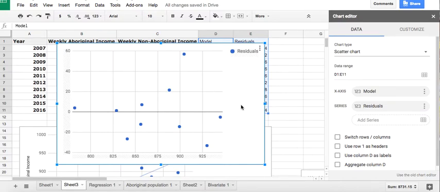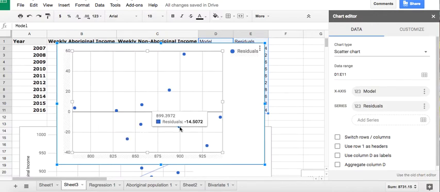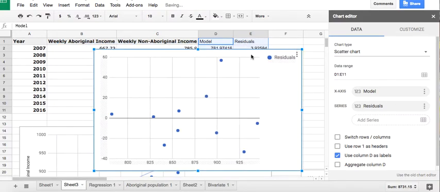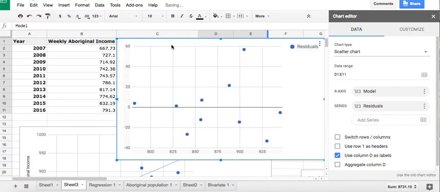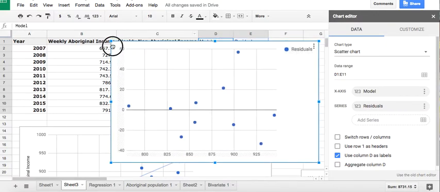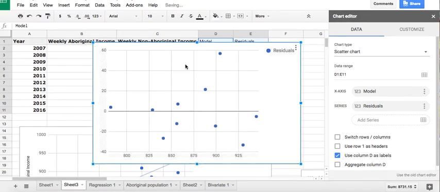The reason why we want to do that is because we can then put a value on how far away they are rather than just eyeballing it. And so you can see the one that's really the worst, or a couple that maybe don't fit the line very well. What you might want to do with that is actually see the effect that that had on the model. So that 1 year, what effect did that have on the model?